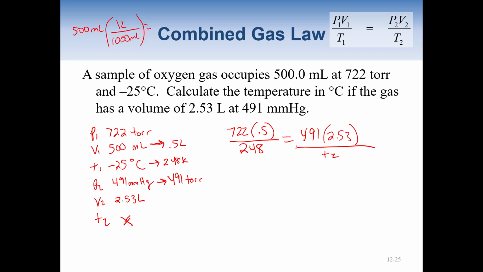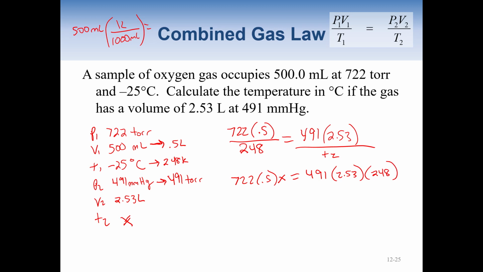We are going to cross multiply. 722 times 0.5 times, we're going to just use x for the T2, equals 491 times 2.53 times 248.